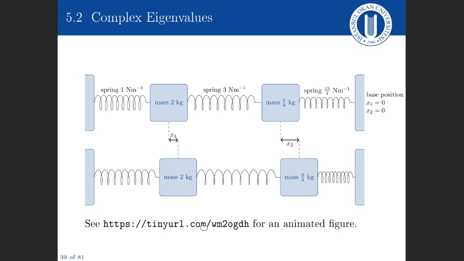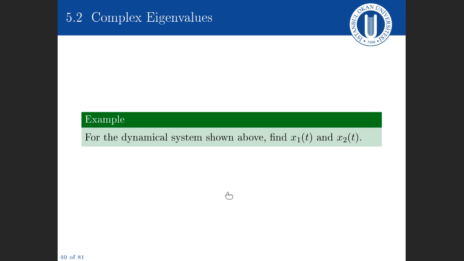Or you can look in the course content section of OLearn, and you'll see that I've also put the animated figure just there. Now, for this dynamical system, find x1 and x2.